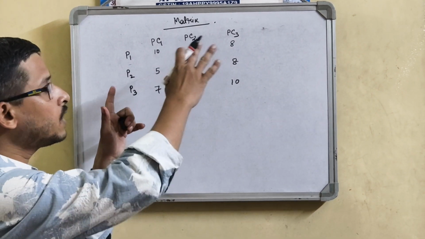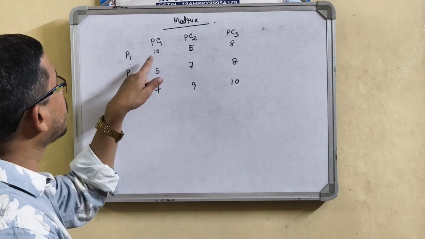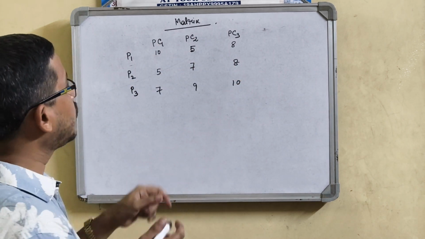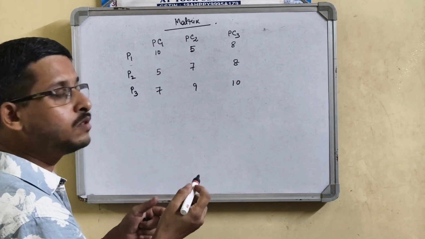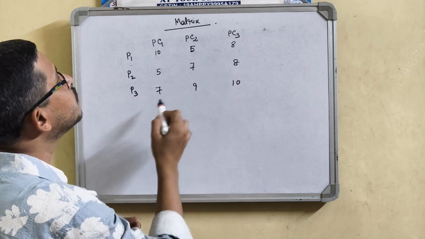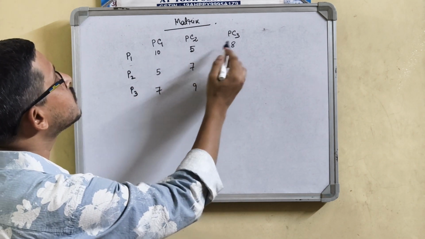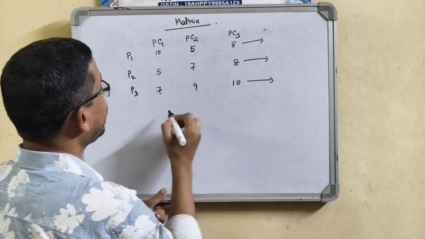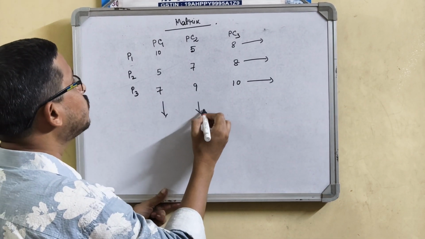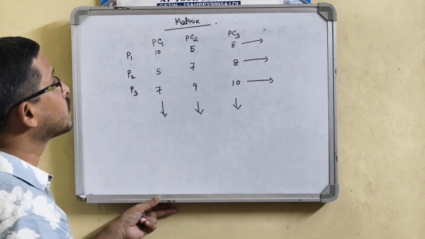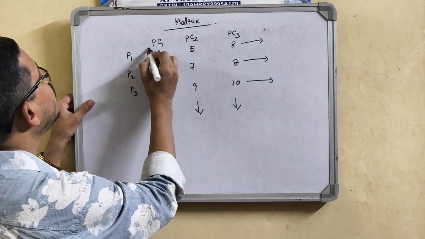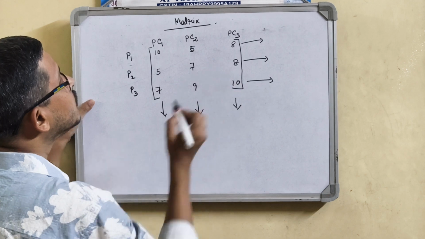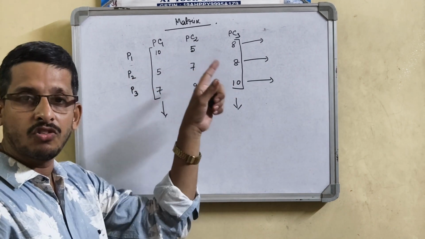Now, after arranging the remuneration of all the persons with respect to all the PCs, we get a representation along these 3 horizontal lines and along these 3 vertical lines. If we enclose this with a bracket symbol, this is a representation of a matrix.